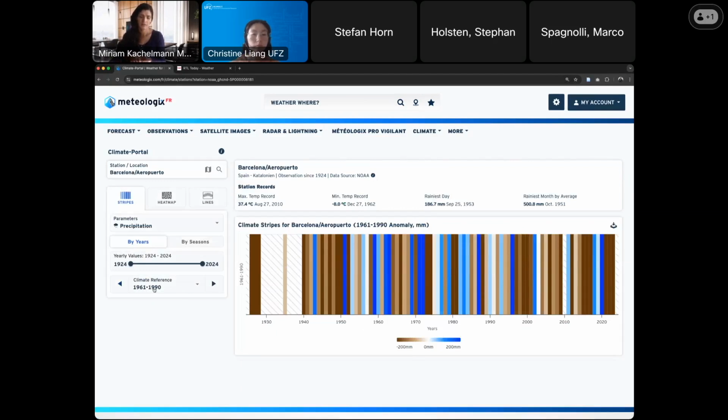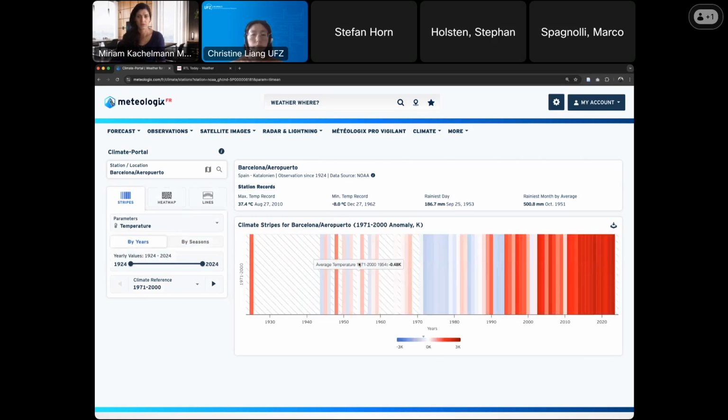And then we compute the difference from that average and how every year has differed from the long-term average from 1961 to 1990. And then you see, if it's brown, it is below the average, and if it's blue, it's above the average. But usually that's more interesting for temperature.